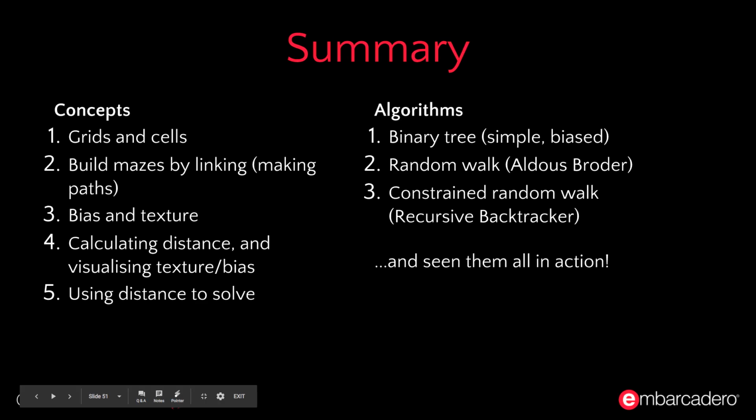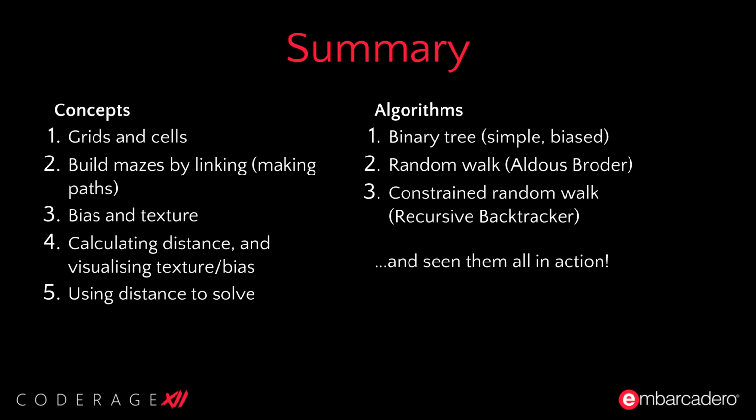So in overview, we've looked at a few things. We've learned some concepts of grids and cells inside a grid, and that you build mazes by linking, by making paths. Now, there are other algorithms that instead build mazes by creating walls, but all of ours build mazes by linking. We had a quick look at bias in an algorithm and texture in a maze.